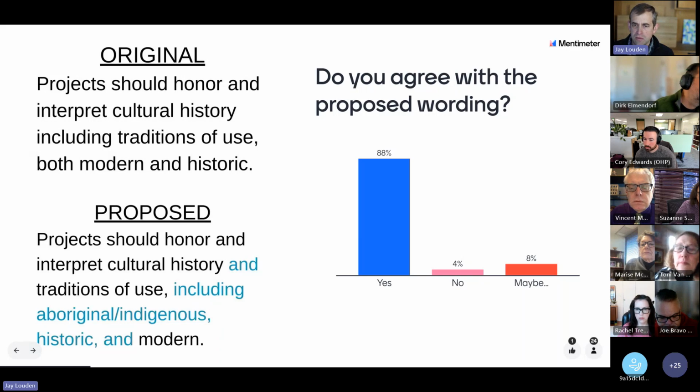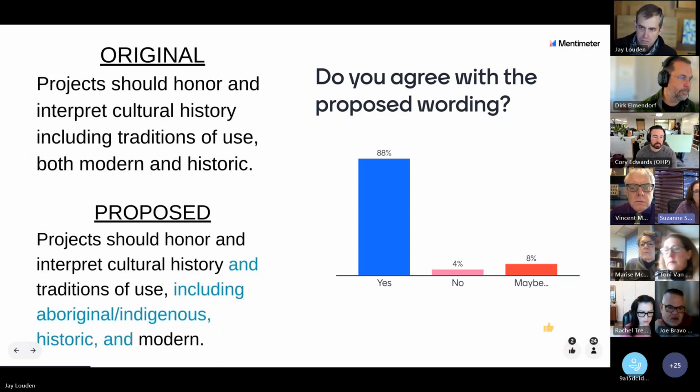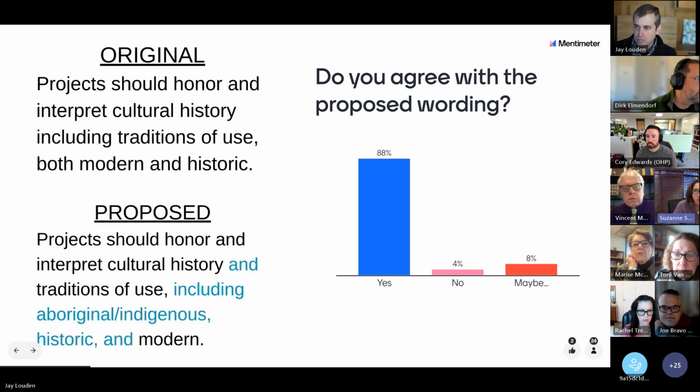And Suzanne? I was just going to say something very similar to what Maurice was saying. I'm wondering if you could say the project should honor and interpret the 12,000 years of history or something like that. Could you do something like that? I know this issue came up at the Alamo, and I'm trying to figure out how they resolved it, because that was the same issue of what is the span of history that we are looking at.